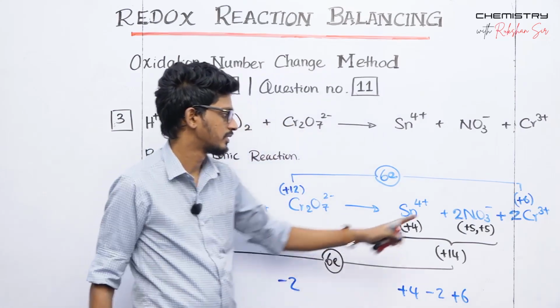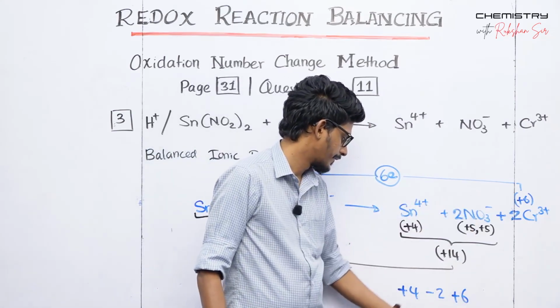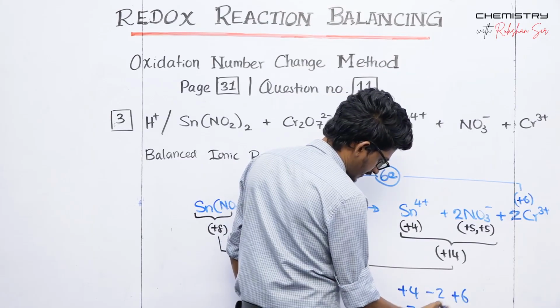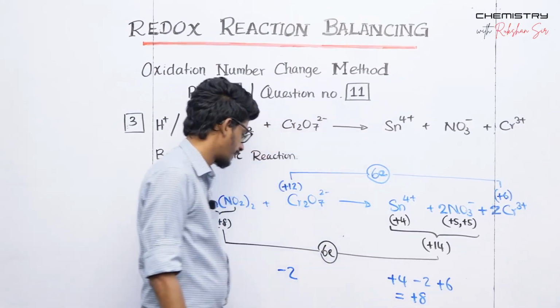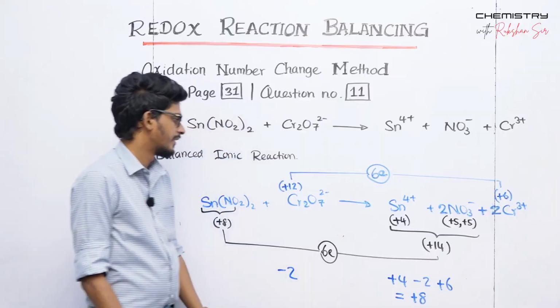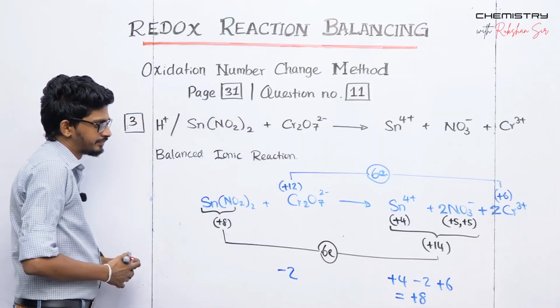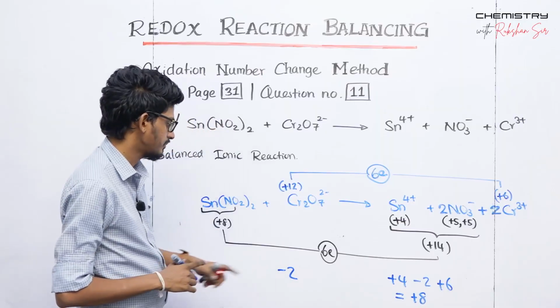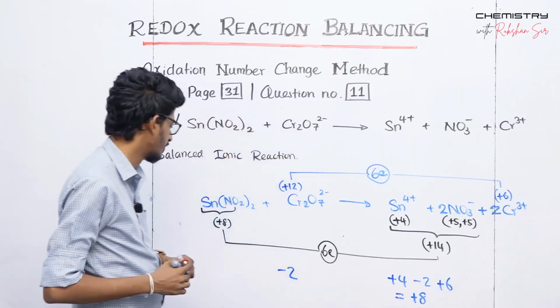So altogether the charge is +8, no? +8 and -2, that means 10 units of difference, right? +8 -2 is 10 units of difference, right?